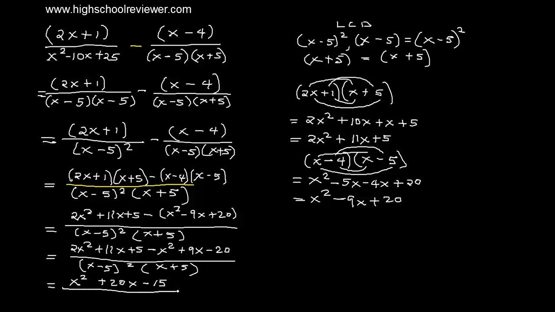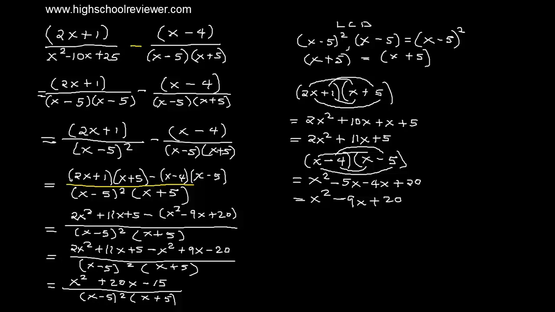All over our LCD, which is the quantity of x minus 5 squared multiplied by x plus 5. Okay, and then let us see if we can still factor this out. Okay, no, there is none. So if we cannot factor the numerator, we have to multiply the denominator.